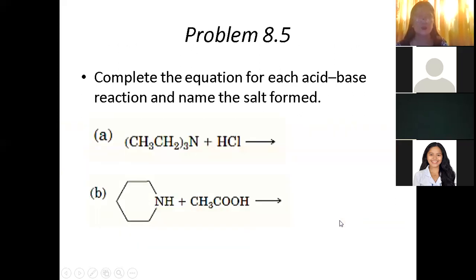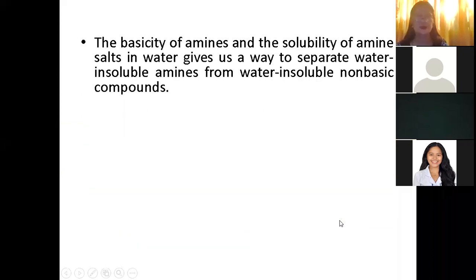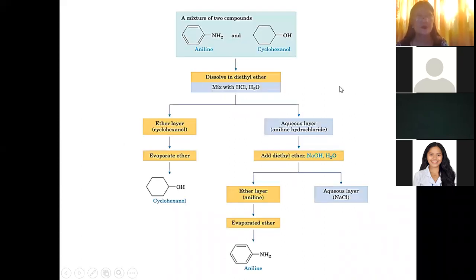So this will be an assignment. In general, for instance, aniline and cyclohexanol, when dissolved in diethyl ether mixed with HCl and water, you will form here a cyclohexanol.